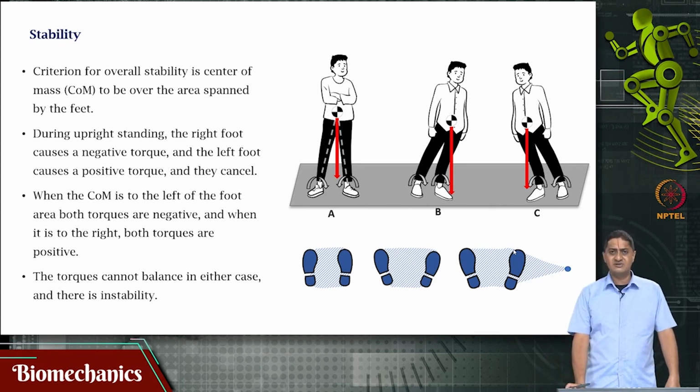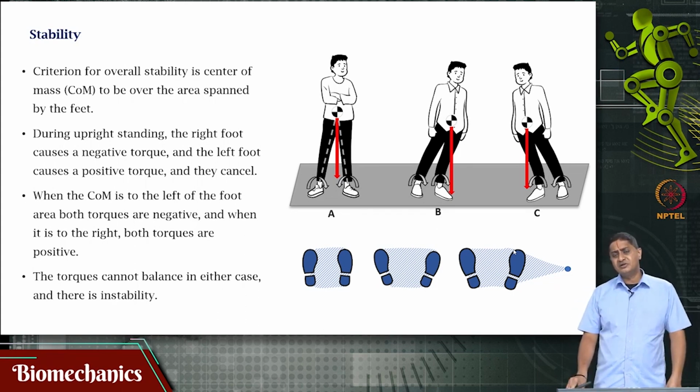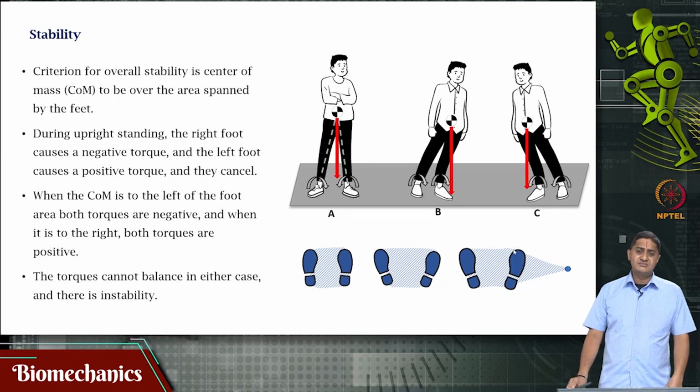Suppose a person is standing with two legs like this. The criterion for stability is that the center of mass lies somewhere within the area that is completely spanned by the two feet. Something you can also watch for is that as people get older or if there are some pathologies, you will see an adaptive mechanism used by individuals to overcome lack of stability.